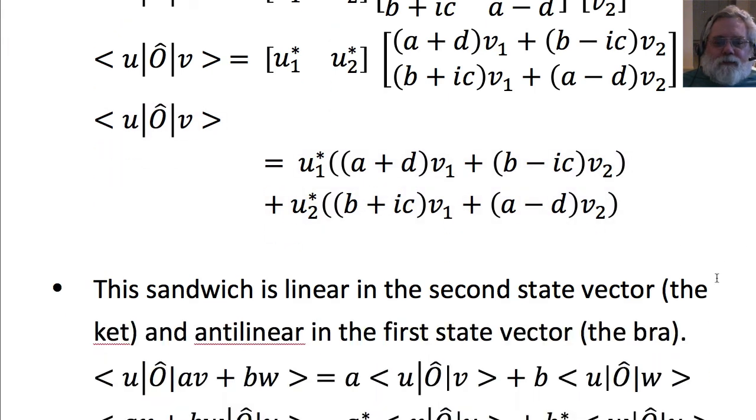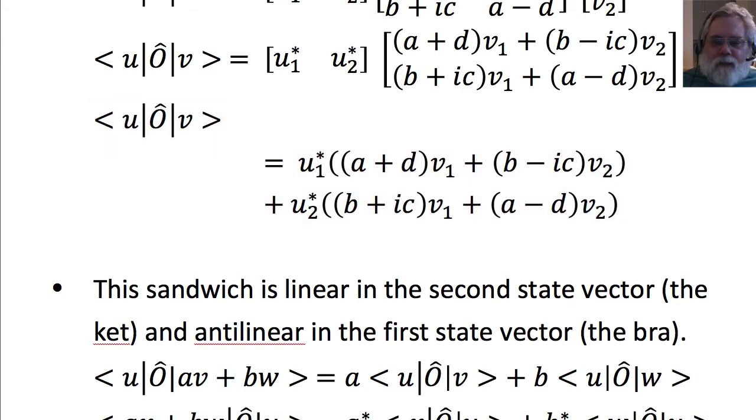Now, if you look at this sandwich, it's linear in the second state vector, the ket. If the ket had another factor on it, that factor would be unchanged in this result. But it's antilinear in the first state vector, the bra, because if there was another factor on the bra, it would have to be complex conjugated in the output.